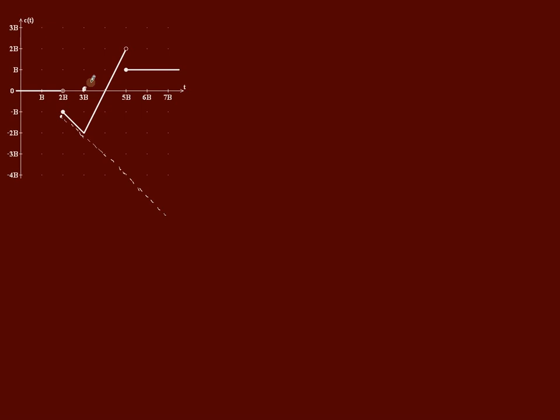Now we need to determine the slope of this ray. For this, we need to consider the value of the function after time 4b. Let's consider the value of the function after time 4b. The function c of t has the value 0. Therefore, the sum of the first and the second rays with respect to time 4b must be equal to 0.